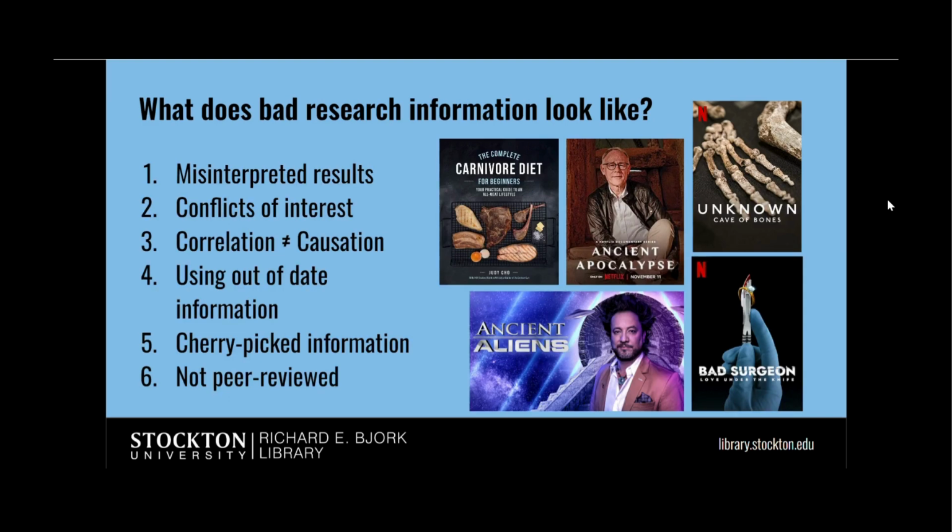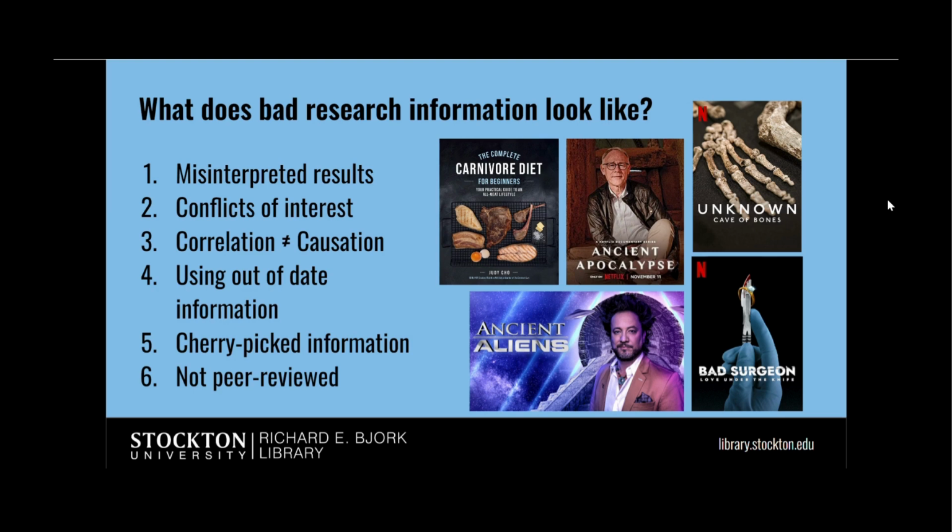Now, what does that look like in research, right? Because all of those were common examples in everyday life, but we can see bad research information in scholarly and popular sources. So that looks like misinterpreted results, conflicts of interest, correlation not equaling causation, using out of date information, right? If we're looking at science information, we don't want to hear things from the 70s.